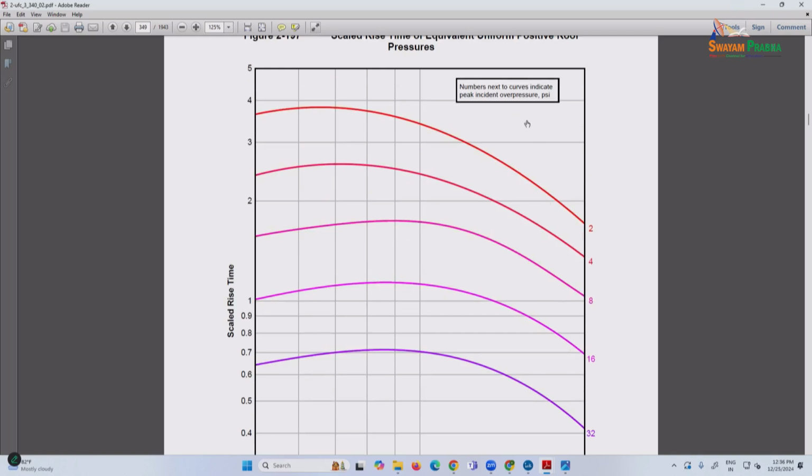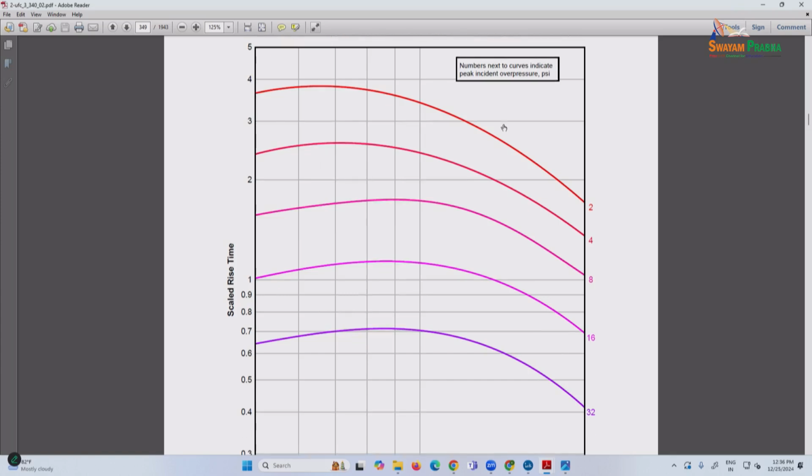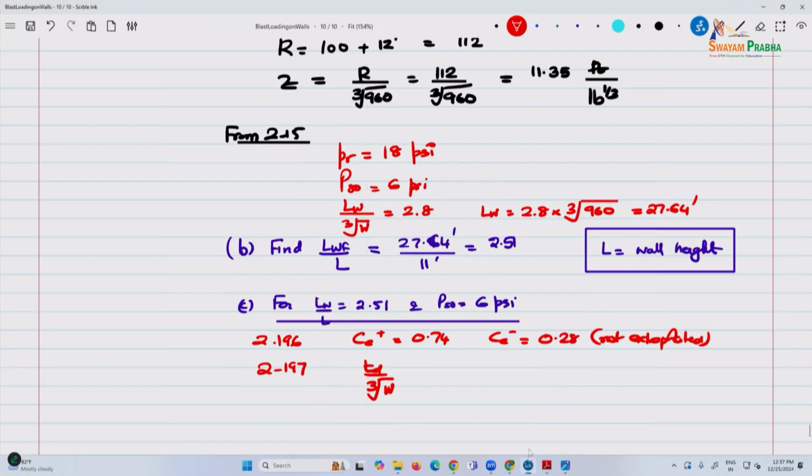And the numbers indicate the peak incident overpressure. So incident overpressure is how much? 6 psi. So somewhere in between. So let's say this is 1.4 maybe. Between 1 and 2, closer maybe 1.3 or 1.4. So let's say 1.4. So TD is 1.4.